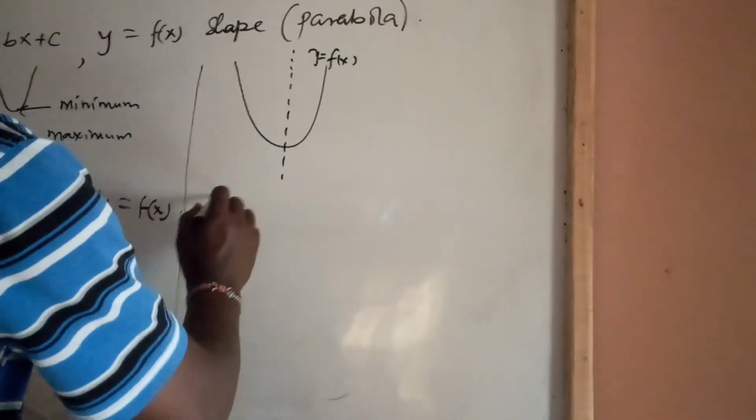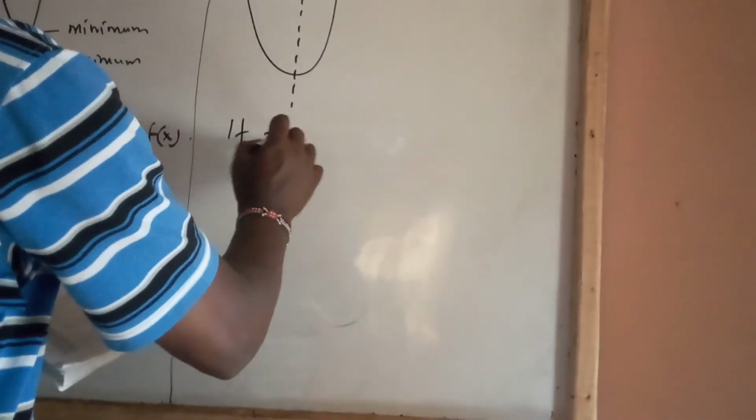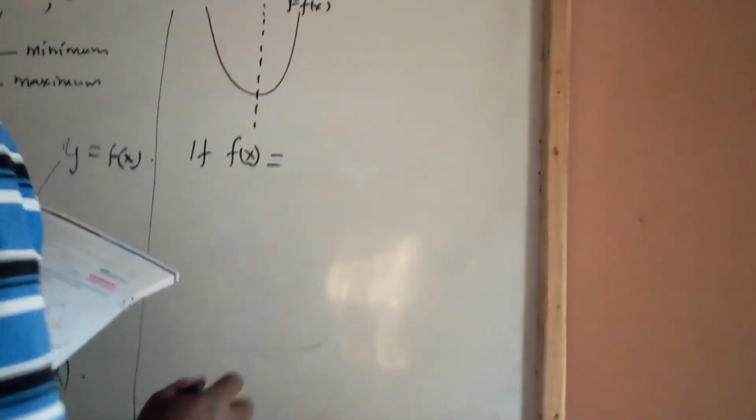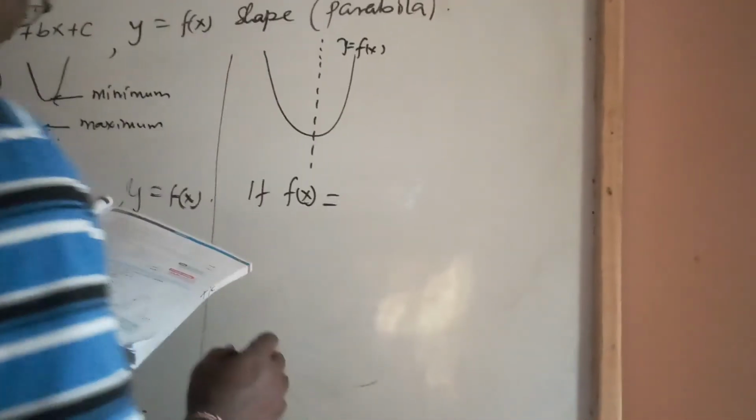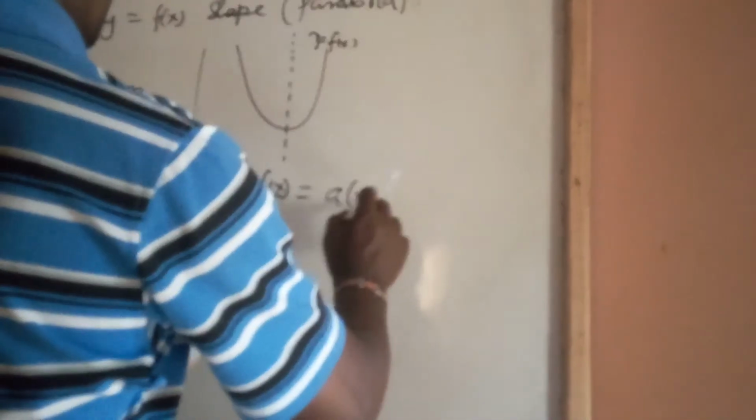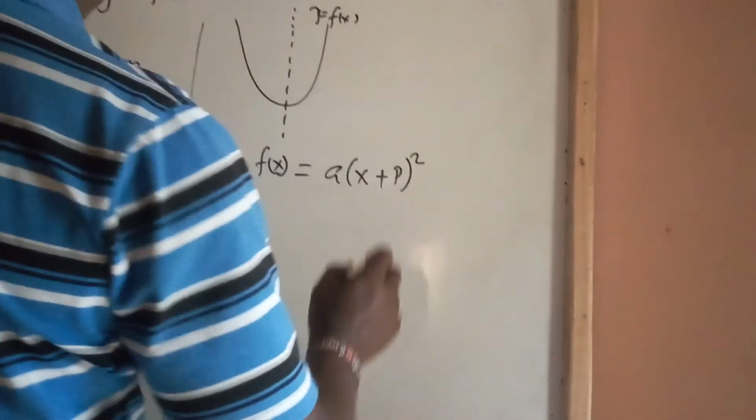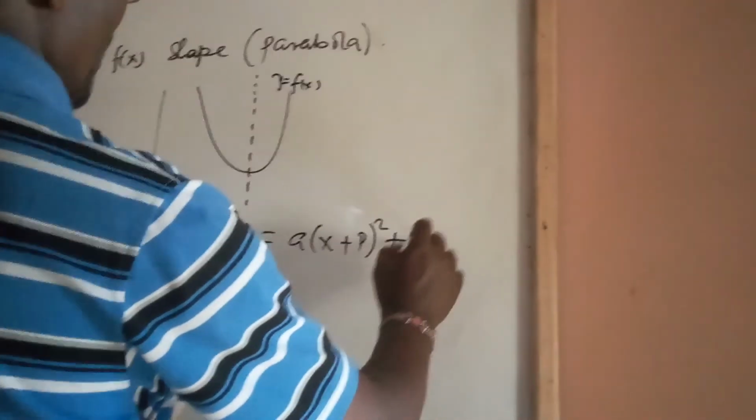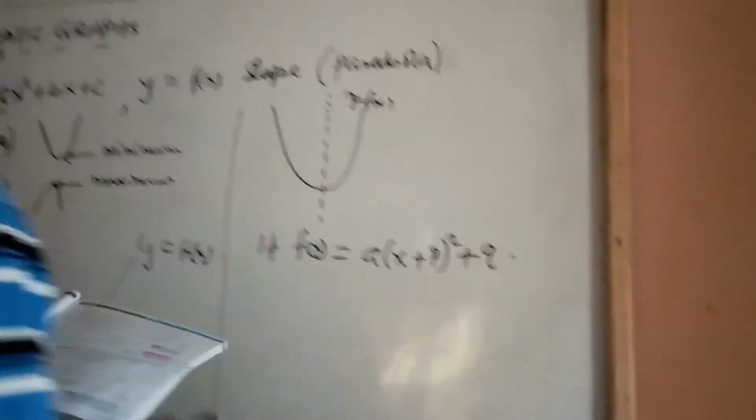And of course, if f(x) is given by a(x plus p) squared plus q, already the square has been completed here.